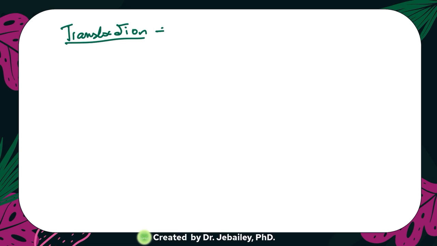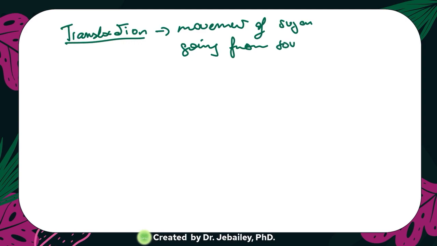this is the movement of sugar going from the source to the sink, right? And in this process, of course, you're going to have the phloem included. We are going to have the xylem.